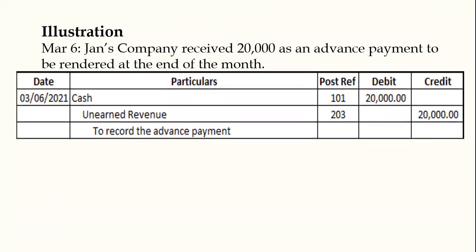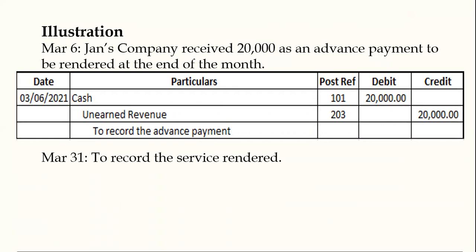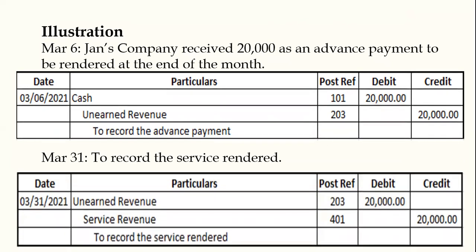Okay. So, ito yung ating record nung March 6. Cash, 20,000 debit, and then credit to unearned revenue, 20,000. To record the service rendered nung katapusan na ng buwan, that is March 31. So we need to what?